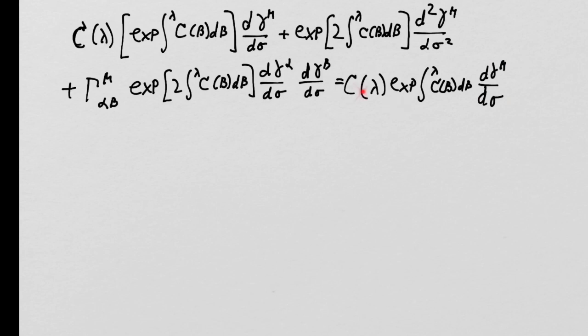But the good part is this right-hand side here, c lambda exponential times the derivative with respect to sigma of the curve, actually cancels. So already we've got our 0 that we're looking for. And then this exponential here doesn't really belong, but now that I have a 0 on this side, I just multiply by the inverse exponential.